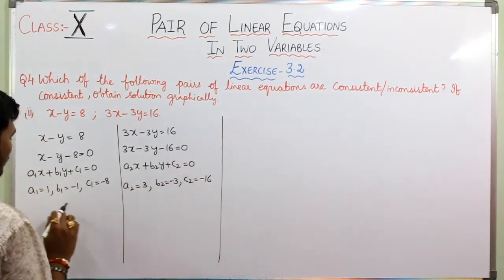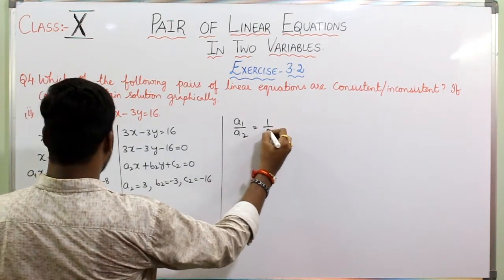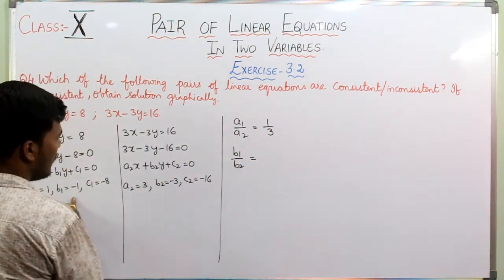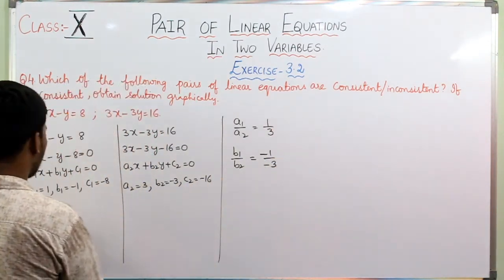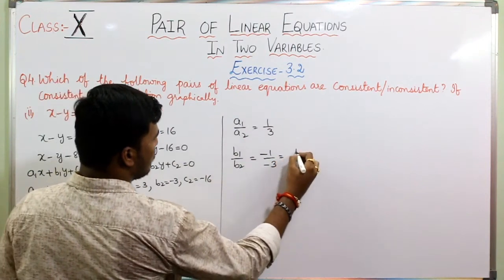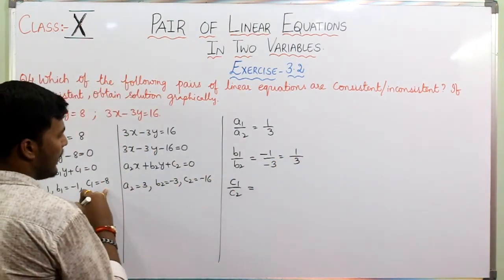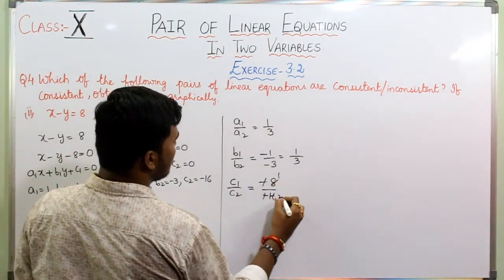So now let us find out a1 by a2, that is equal to 1 by 3, b1 by b2, which is equal to minus 1 by minus 3. So this also will become 1 by 3, and c1 by c2 is equal to minus 8 by minus 16, minus minus cancel, 8 ones are 8, 8 twos are 16.